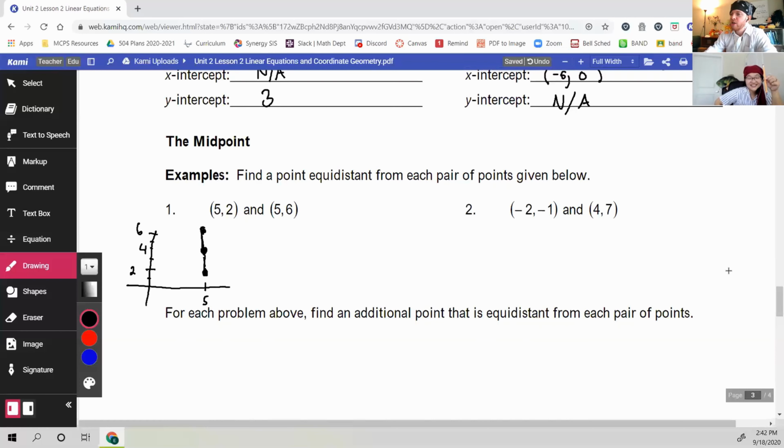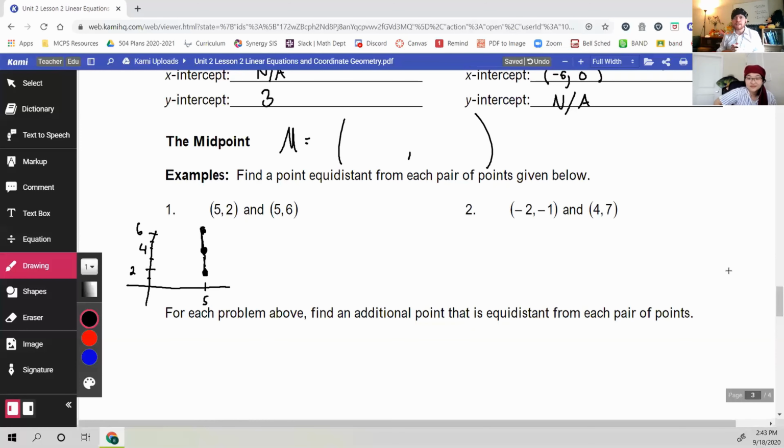Now, can we generalize the midpoint formula? We should probably look at our different coordinates. Well, we don't want to find the difference, because the midpoint is the middle point. When I think of a data set, I think of the middle of the data set.